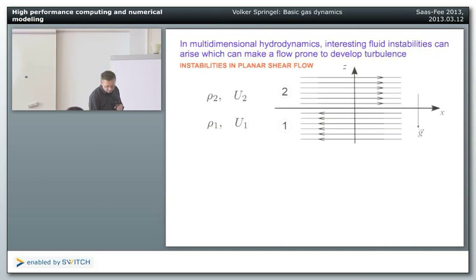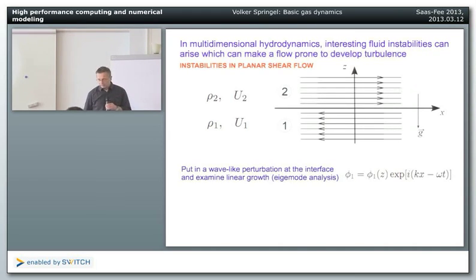But what happens if you slightly perturb that, and that's what we did yesterday in the hands-on session. We slightly perturb the interface, put in a little bump here on the road, or put in an explicit perturbation, like we also did in our experiment yesterday. And this you can do to start an instability analysis.